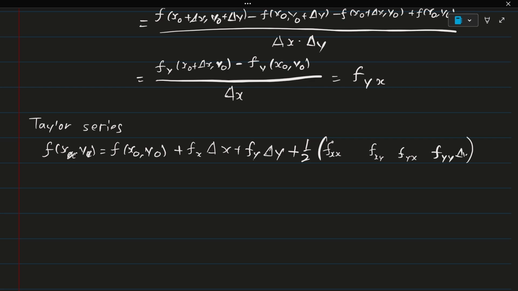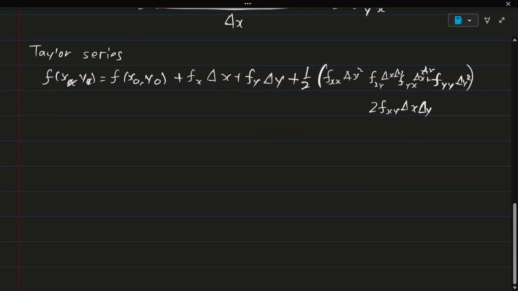So it's delta y squared in here, this is delta x squared, this is delta x delta y, this is delta x delta y, and this is delta x squared. You could combine the entire thing and you would figure out that f_xy and f_yx are the same, so you would have this to be 2 times f_xy delta x delta y if your function is continuous anyways. So this is a pretty cool idea when you're dealing with Taylor series.